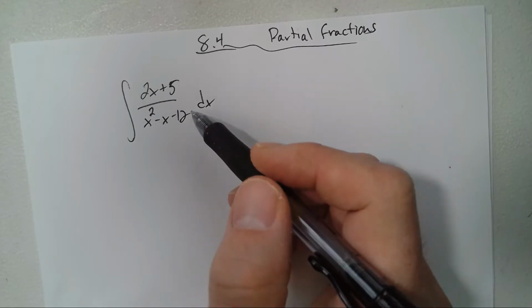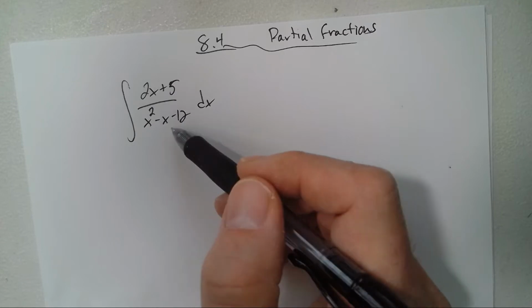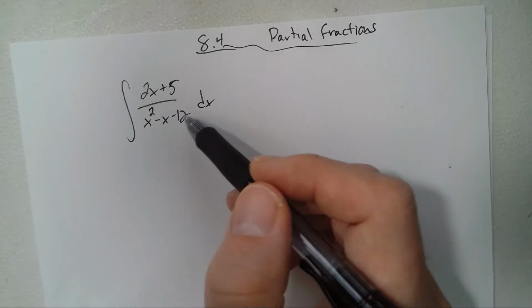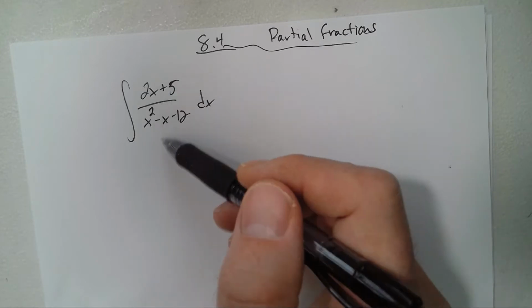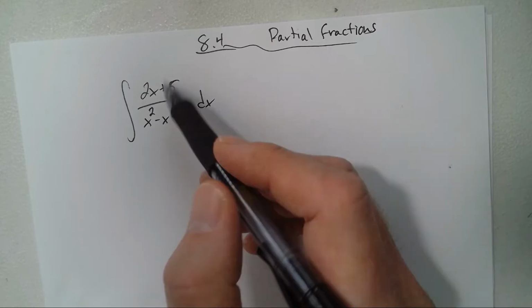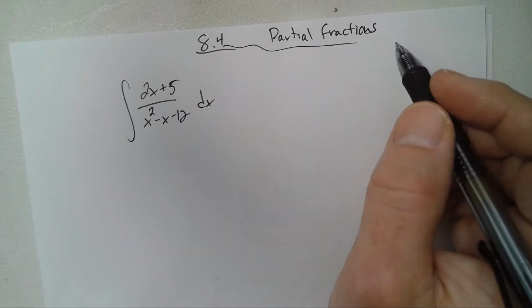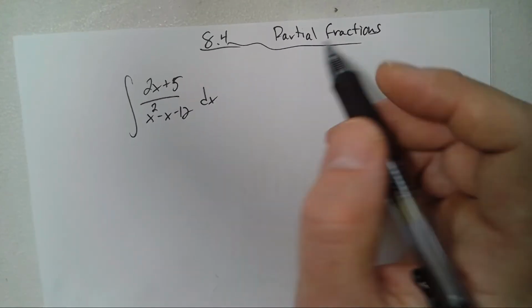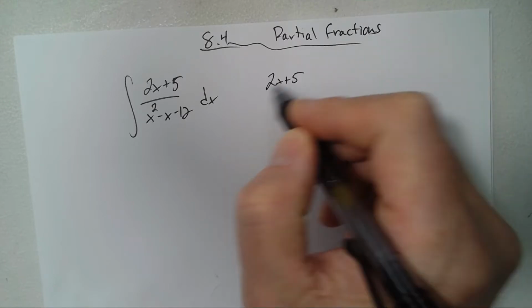You'd get 2x minus 1 as your derivative of u, assuming this is your u, and the 2x works pretty well, but the minus 1 isn't as nice because I have a 2x plus 5. You could work around that, but it'd be easier to just rewrite this using partial fractions.